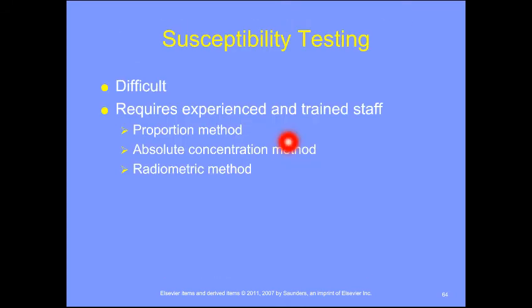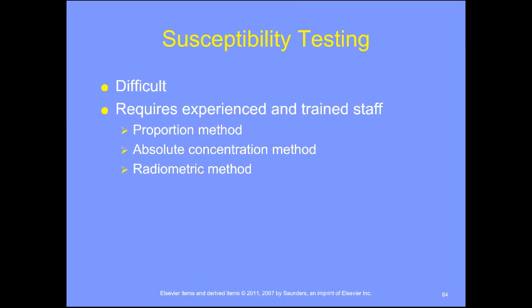Proportion method, absolute concentration method, or radiometric method can be used. Tapos, merong special agar na ginagamit dito eh. Sa susceptibility testing ito. Ano ba yun? Nakalimutan ko. Ogawa agar yata nga.